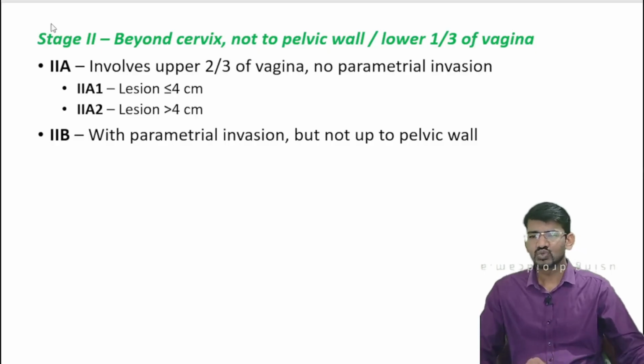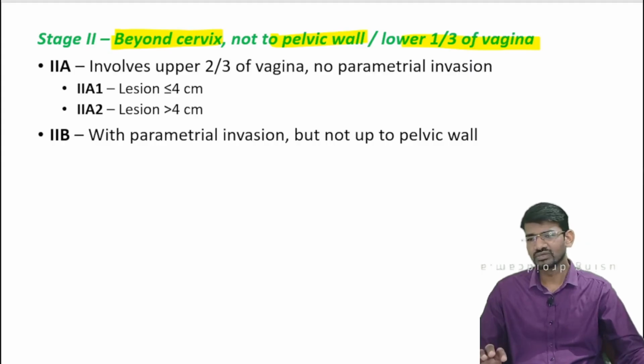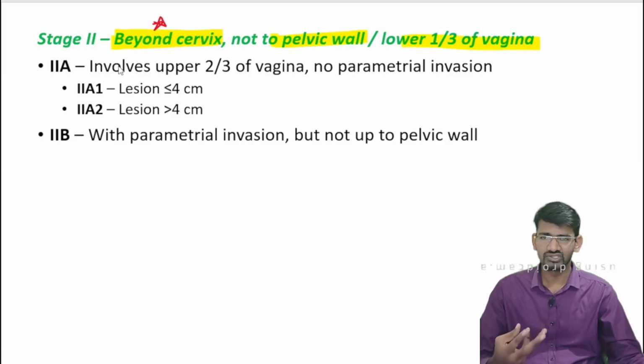Then stage 2. In stage 2, the tumor has extended beyond the cervix, but not involving the pelvic wall and not involving the lower one third of the vagina. That is a very important thing you should remember. So beyond the cervix, we look at which organs are involved or where it has extended.